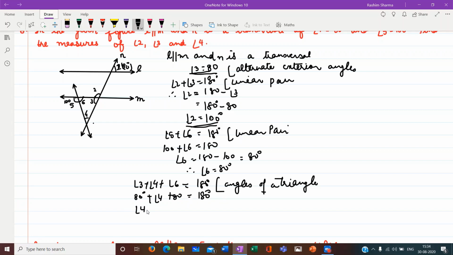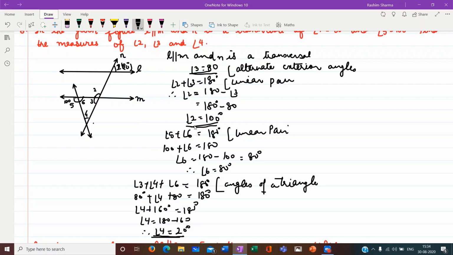So angle 4 plus 160 degree is equal to 180 degree. So angle 4 comes as 180 minus 160. Therefore angle 4 is equal to 20 degree. Alright. So three angles that we were supposed to find, 2, 3 and 4.